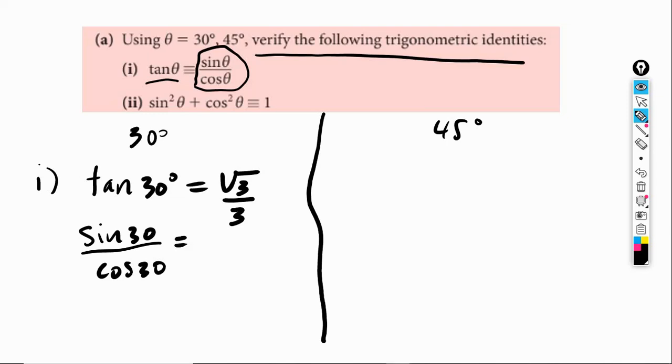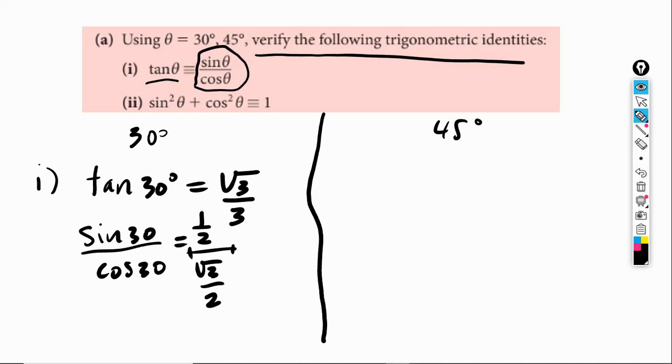So what is sine of 30? Sine of 30, if you remember, is 1/2. So this is 1/2 over cosine of 30. If you do cosine of 30, that gives you square root of 3 over 2.